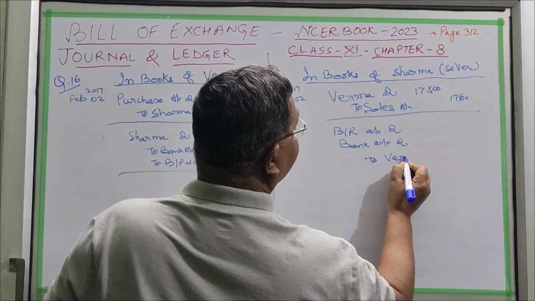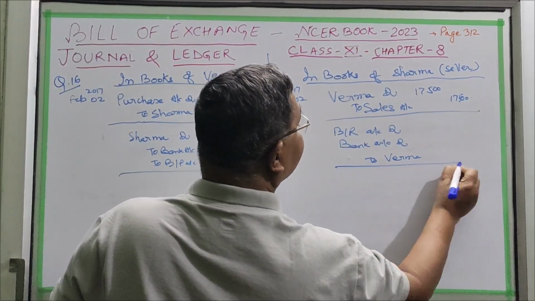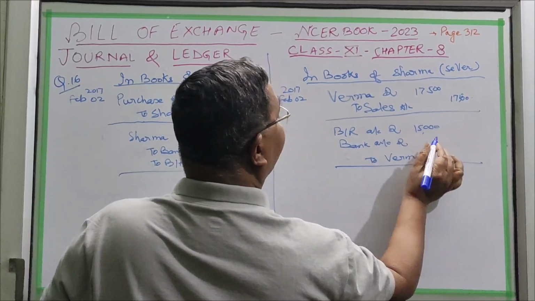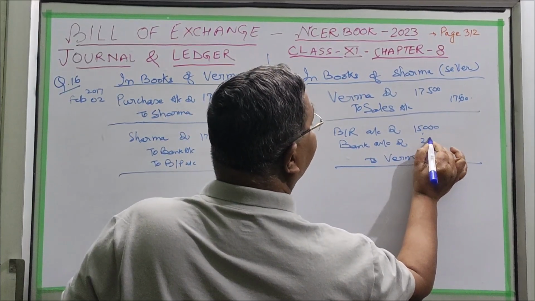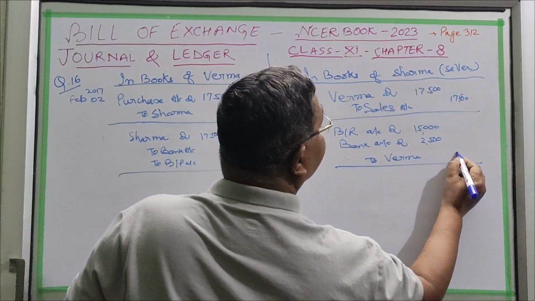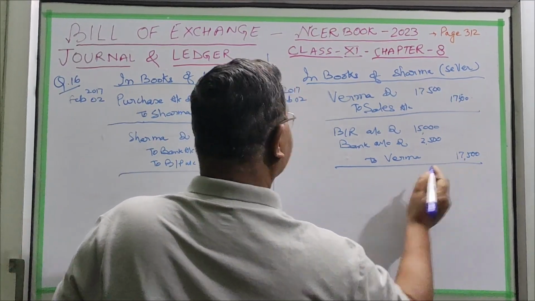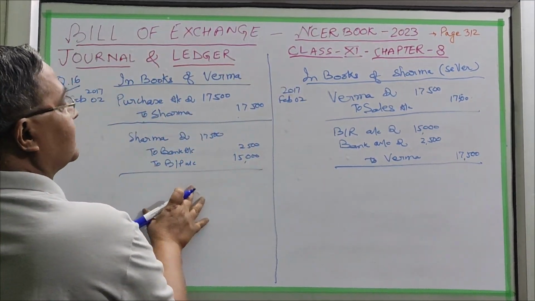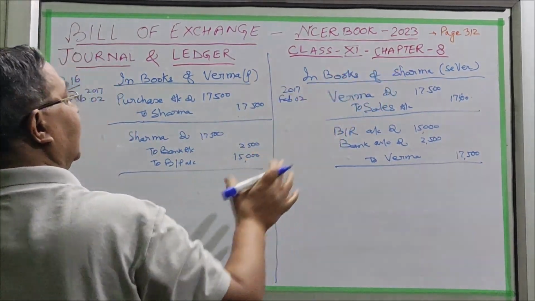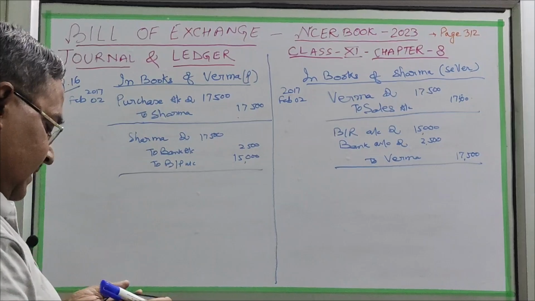Verma has given the money. Giver is always credited. So BR of 15,000 received, debit what comes in, 2,500 comes in, and credit the giver. So 17,500. This is the one position. It is in the books of the purchaser. Verma is the purchaser and he is the seller. Now both the entries you can see.